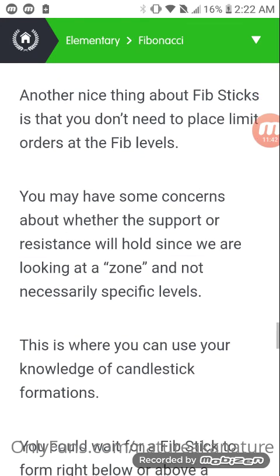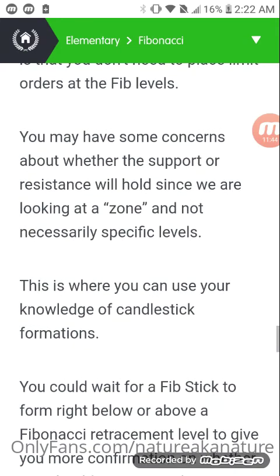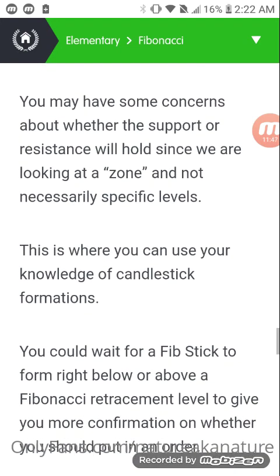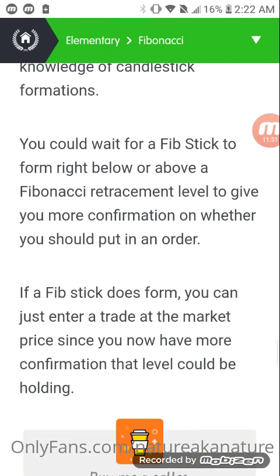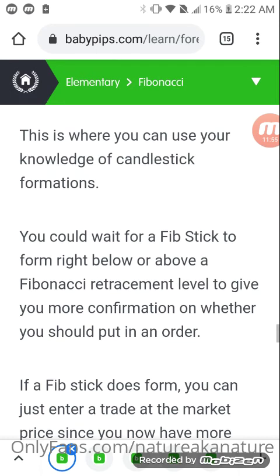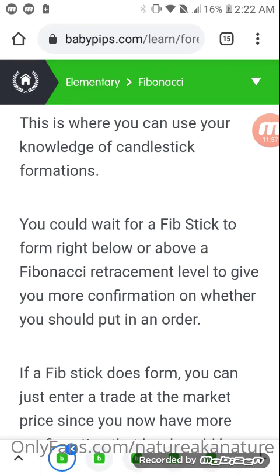This is where you can use your knowledge of candlestick formations, and you can see it also made a three black crows formation. You can use the candlestick knowledge that we go over and wait for a candlestick to form right below or above the Fibonacci retracement levels to give you more confirmation on whether you should put in an order.